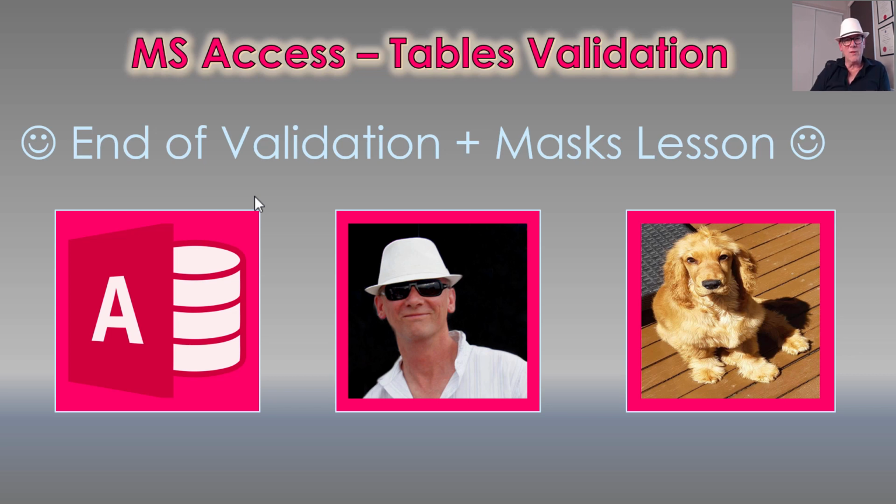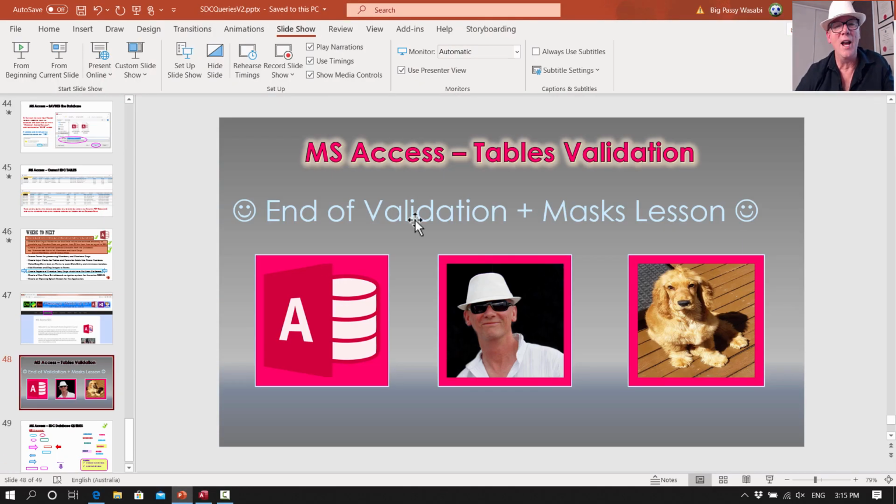And it says tables validation up the top. Oops, what went wrong there? It should say database queries, end of validation and masks lesson. Oh no, right, wrong at the very last slide.